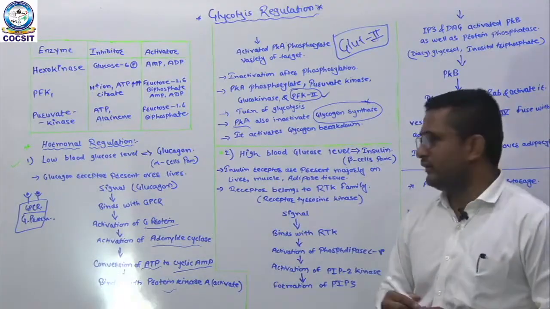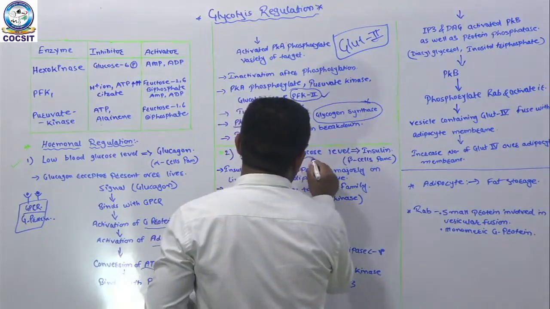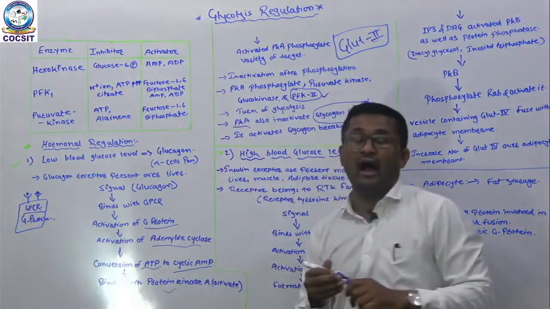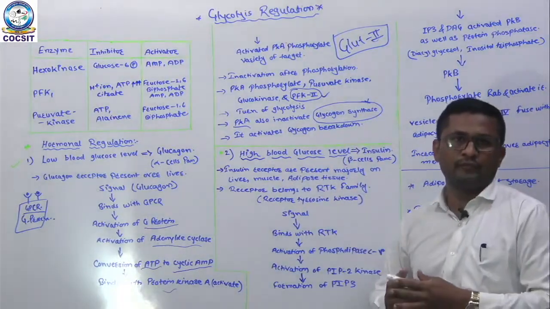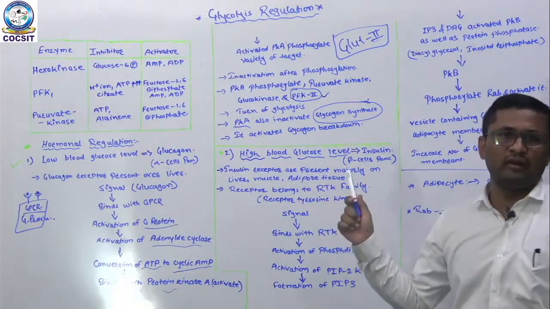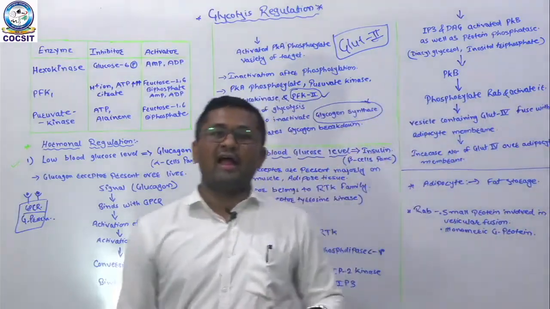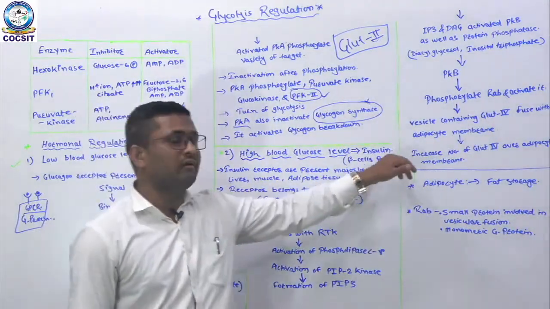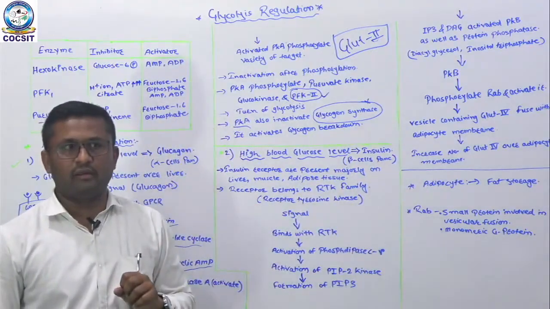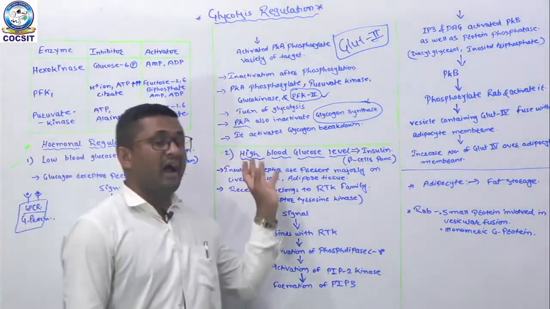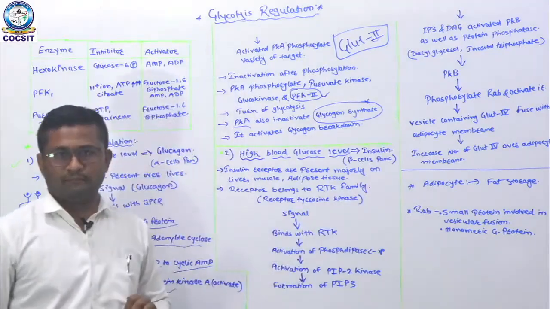Now in the second condition, we are going to talk about when the blood contains a high glucose level. A high blood glucose level will stimulate the beta cells of the pancreas, and the beta cells are going to secrete the hormone insulin.